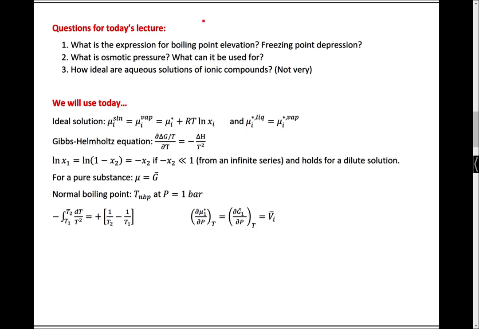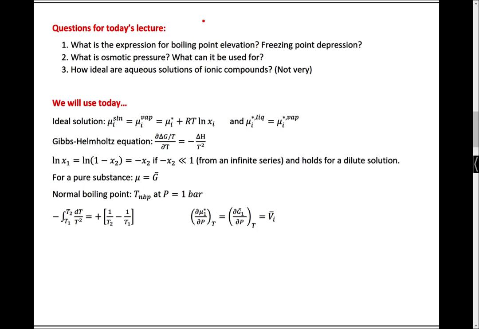Let's see, what else did we want to say? We're going to use the Gibbs-Helmholtz equation. And then in the derivation that we do, we're going to use an identity. We're not going to take the time to derive it, but if we're talking about the natural log of the mole fraction of one of the components, we know that's the same as the natural log of one minus the mole fraction of the other component.